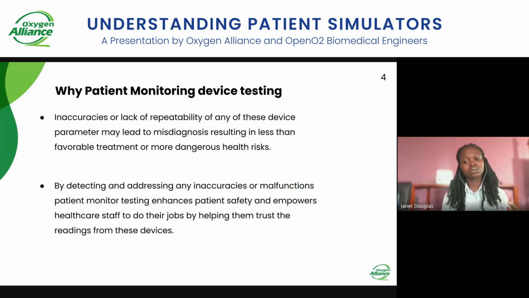It also helps us know not just the integrity of the device itself, but also of the accessories that come with it. If you talk of the sensors used for oxygen saturation, the SpO2 sensors, to know if they're working properly, or any part of the device itself, you have to check the integrity by using the patient simulator.